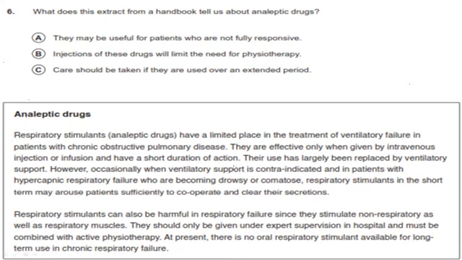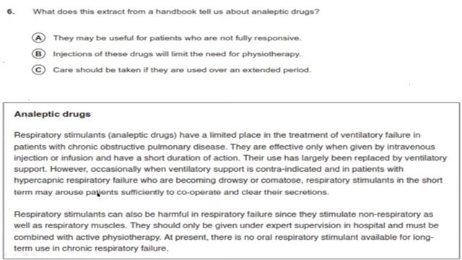So let's take a brief look here. Their use has largely been replaced by ventilatory support. However, occasionally when ventilatory support is contraindicated, and in patients with hypercapnic respiratory failure who are becoming drowsy or comatose, respiratory stimulants in the short term may arouse patients sufficiently to cooperate and clear their secretions.